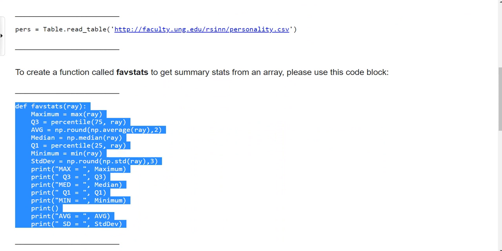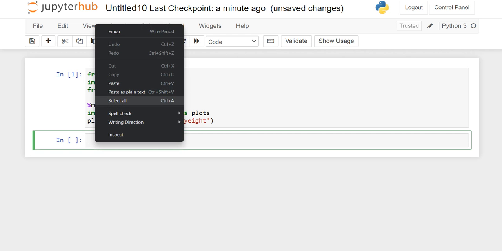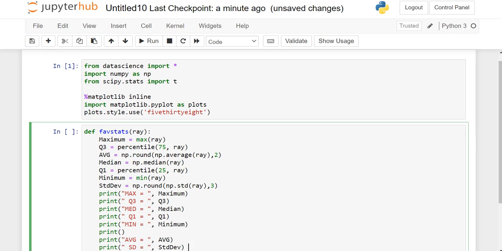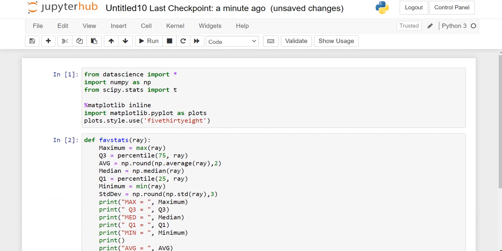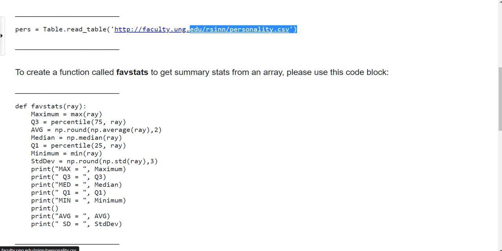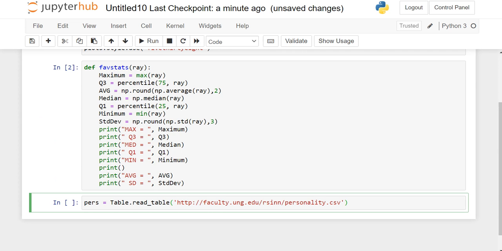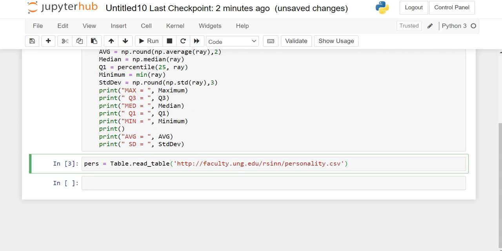Again, I'm copying and jumping back over and pasting, and I'm executing this. Okay, and then we'll go back and get this. Will load the data table that we need. Again, I'm copying and pasting and hitting Shift Enter, and that doesn't really show anything.